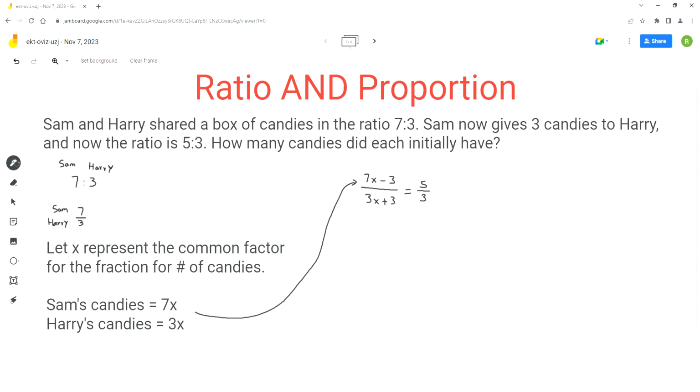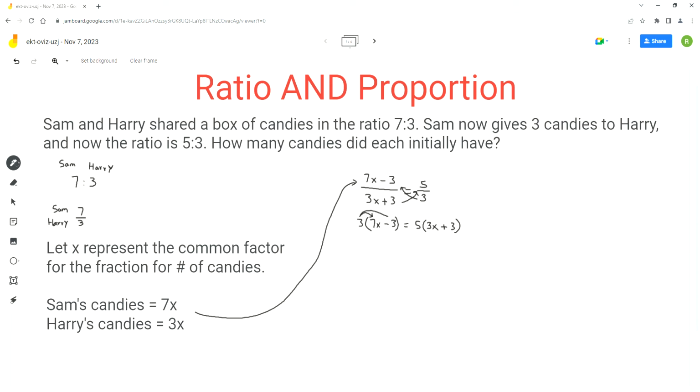So now we have to cross multiply the denominators in the fraction on both sides. So we get 3 parentheses 7x minus 3 equals 5 and then 3x plus 3. Now we can distribute the numbers inside the parentheses.